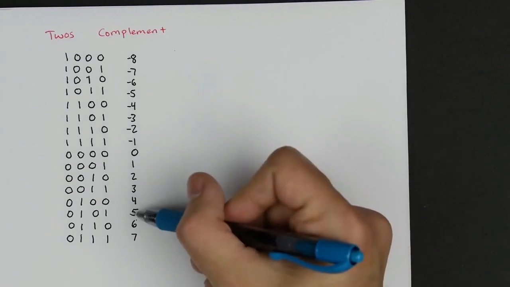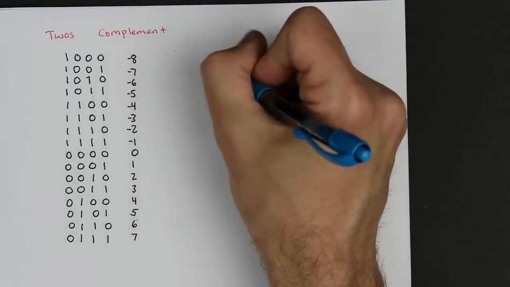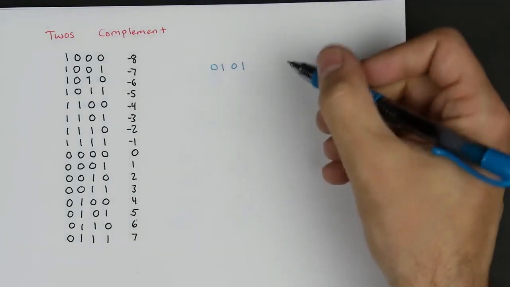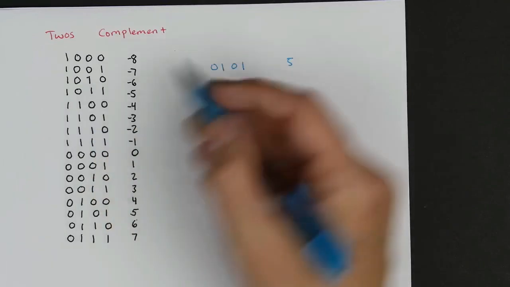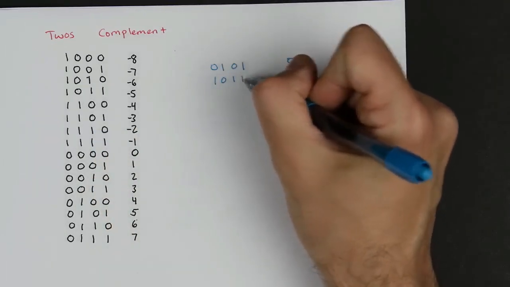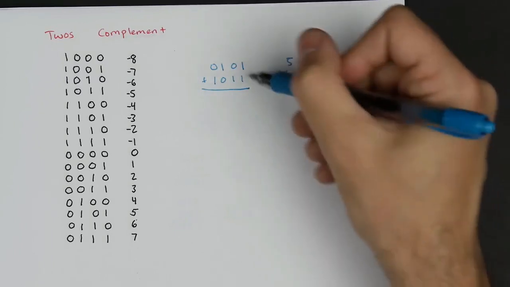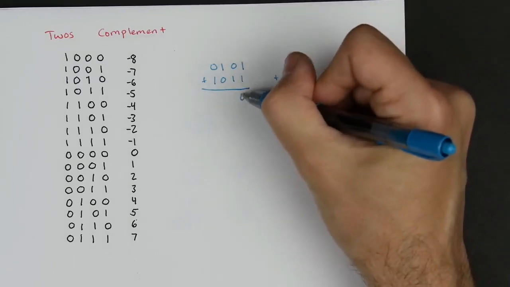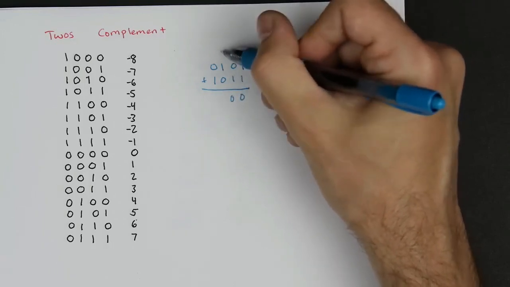So if we have 5 minus 5, 5 here is 0, 1, 0, 1. And negative 5 is 1, 0, 1, 1. And if we add these things, 1 plus 1 is 2, so we'll put a 0 and carry the 1. 1 plus 1 is 2, so put a 0 and carry the 1.